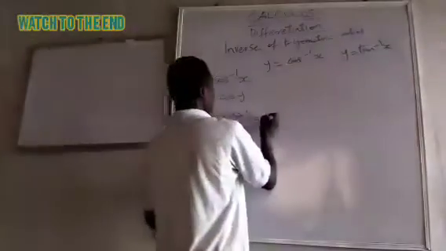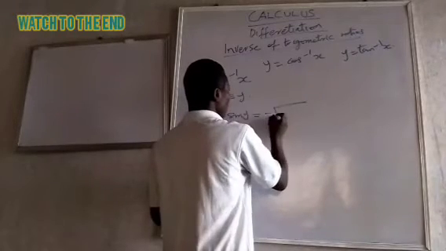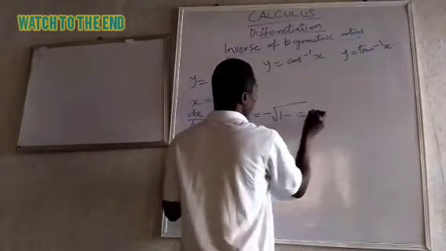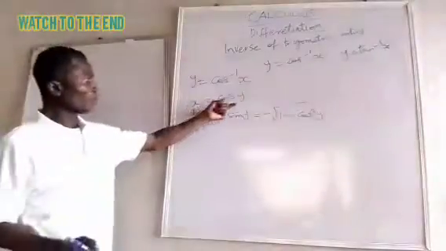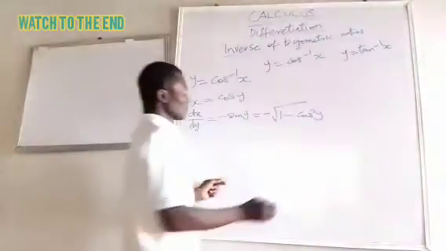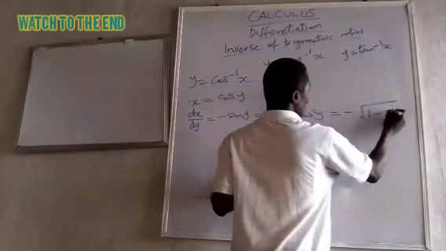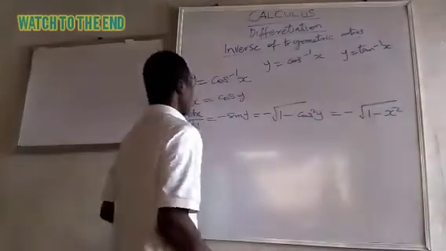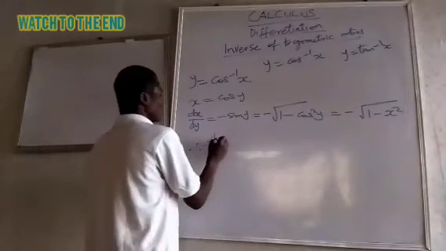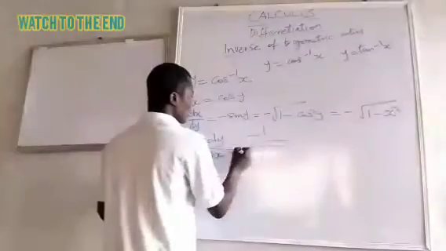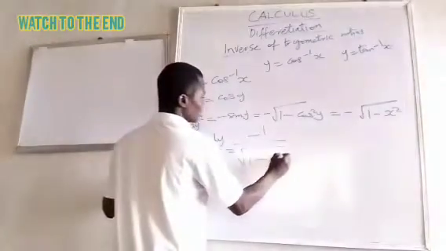This is equal to minus the root of 1 minus cos squared y. And from here we know that cos y is equal to x. This is equal to minus the square root of 1 minus x squared. Therefore, dy dx is equal to minus 1 over square root of 1 minus x squared.